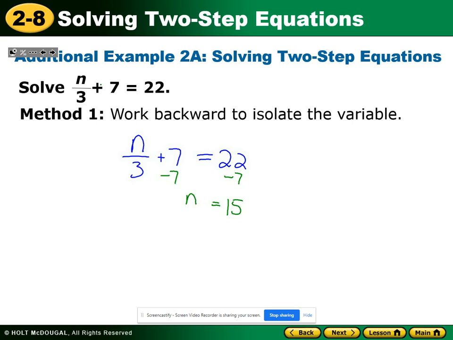Then we have n over 3. I like to put it over 1 because then that helps me know they're both variables. Dividing by 3, so I multiplied by 3. I multiplied by 3. N equals 45.